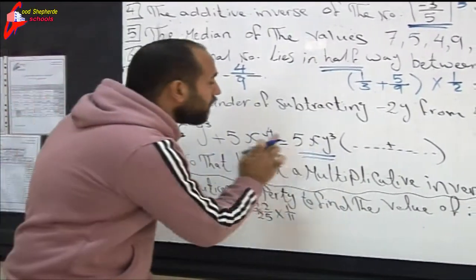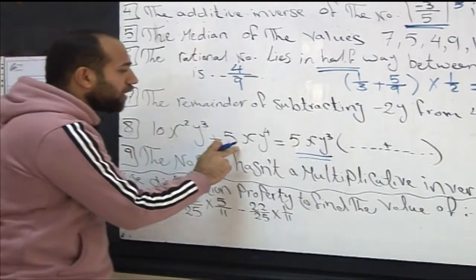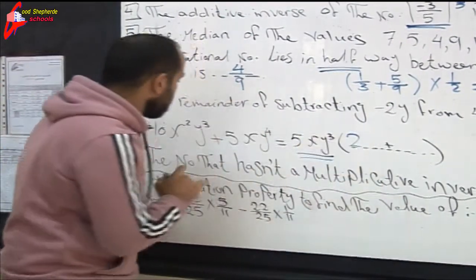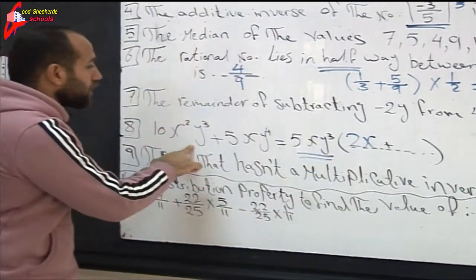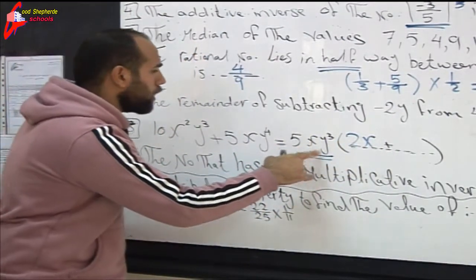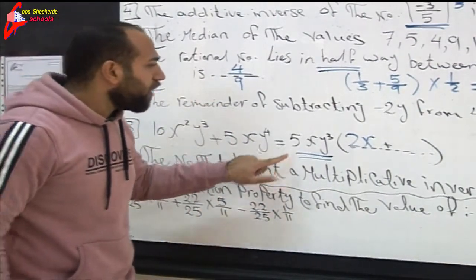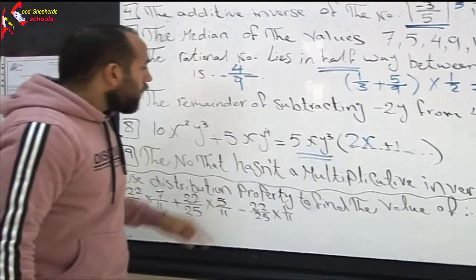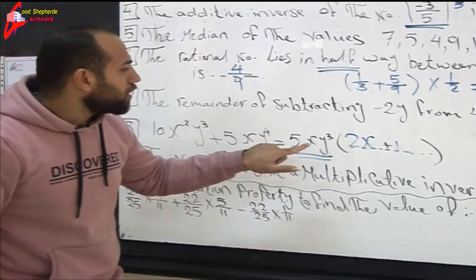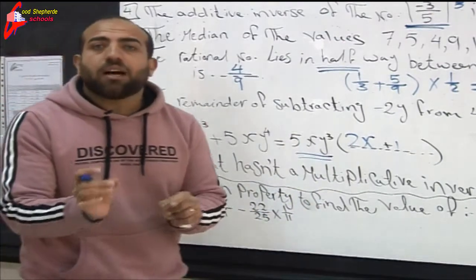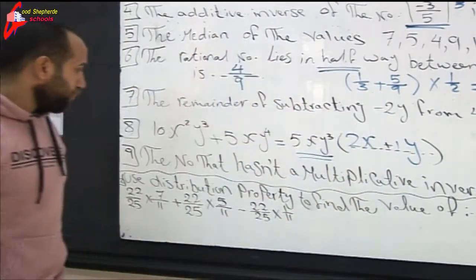So you will divide the expression by the HCF. 10 divided by 5 will be 2. x squared divided by x is x. y cubed divided by y cubed cancel each other. Then 5 divided by 5 is 1. x divided by x cancel each other. y to the power 4 divided by y cubed: when I divide, I subtract the powers. So it will be only y.